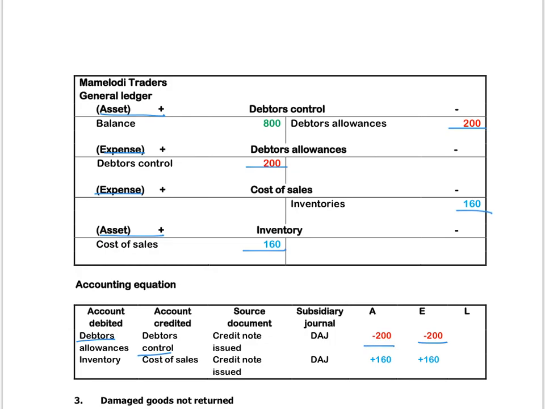A credit note is issued to the debtors as proof that you will reduce their account on the credit side. Inventory is debited to increase the asset. Cost of sales will be credited so that we can reduce the expense for cost of sales. And when we reduce the expense, our equity will increase with 160 Rand.